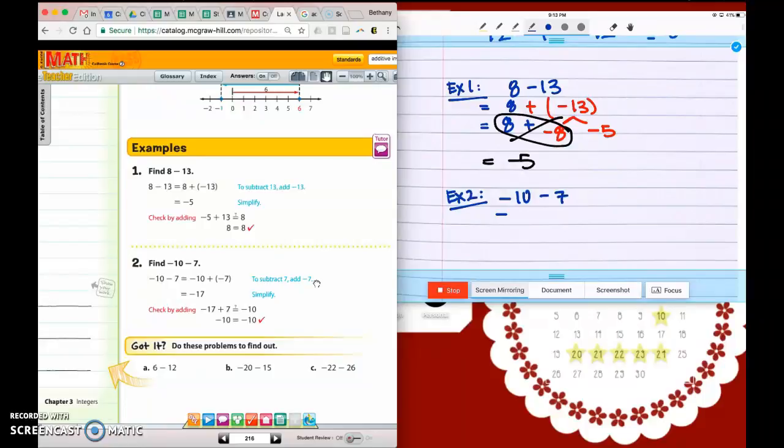We keep the first term the same. Instead of subtracting, we add the additive inverse, or the opposite, of this 7, which is negative 7. If I have 10 negatives and then 7 more negatives, we have a total of 17 negatives.